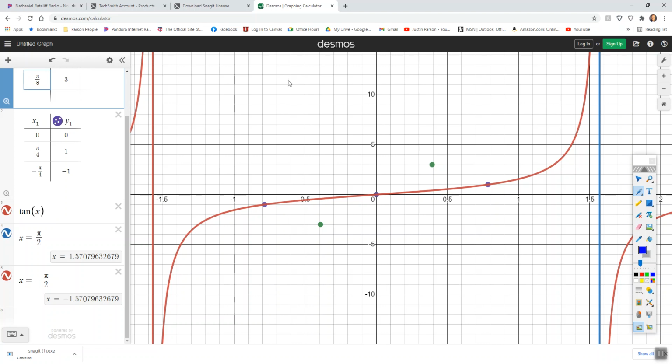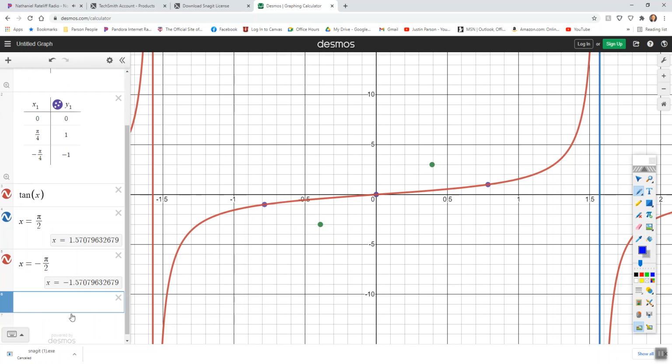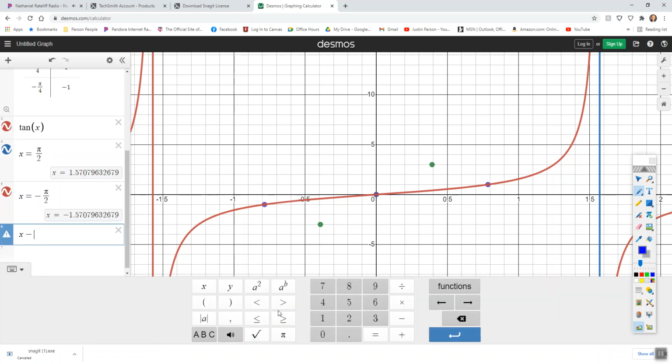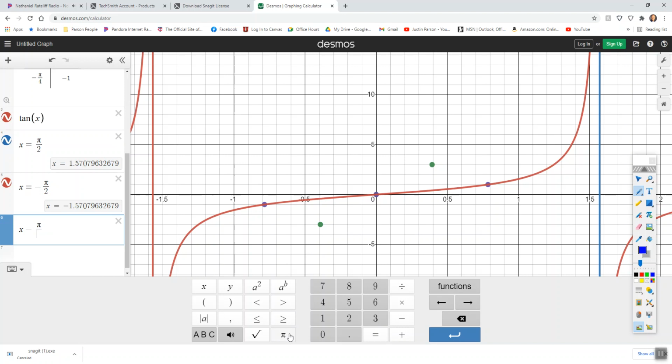So won't I have an asymptote at pi over negative 4? So let's just type this, x equals negative pi over 4. There's one new asymptote I think we're going to have.